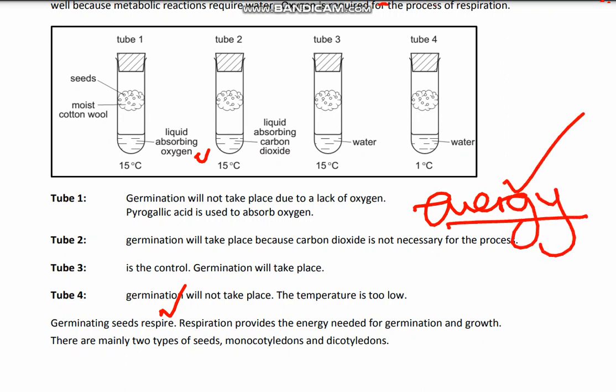It is this energy that is going to promote the seeds to germinate and also for growth. Okay, that's it. So this is the main significance of germinating seeds respiring. They are going to release energy, which is very important for germination and growth of the plant.